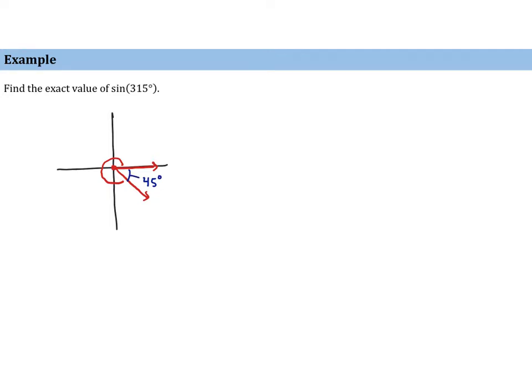So we know that the sine of 45 degrees is the square root of 2 over 2. Now, you'll notice that our angle is in quadrant 4, and so the sine of 315 degrees is going to be square root of 2 over 2, but because we're in quadrant 4, 315 degrees yields a sine that is negative.